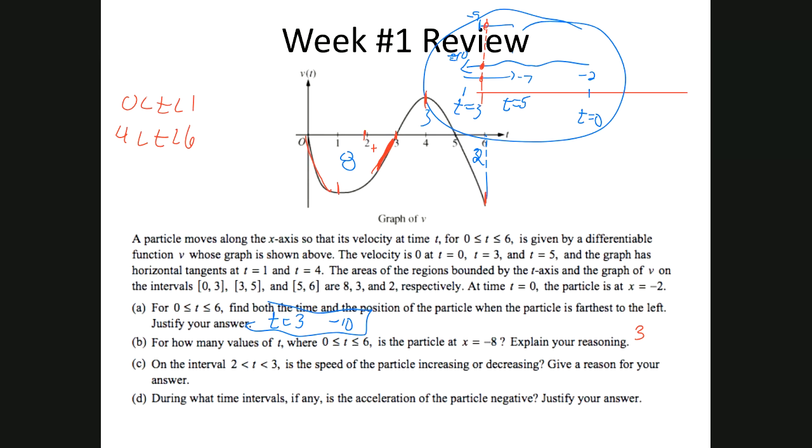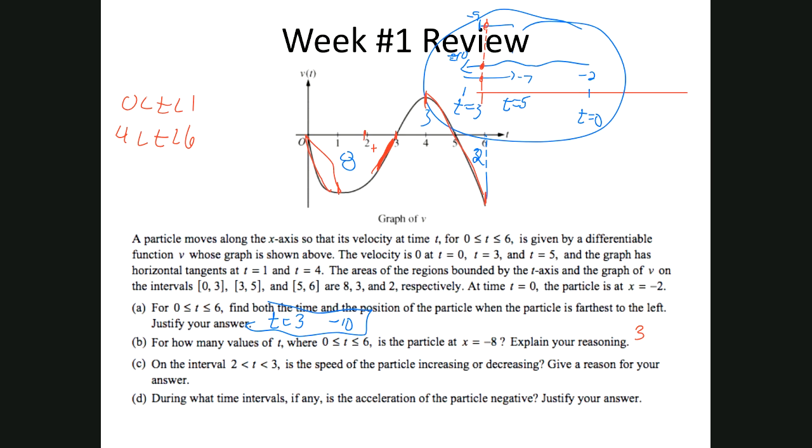Because if this is a velocity curve, the acceleration should be the slope of it, right? And they're asking us where it's negative. So I'm saying 0 to 1 and 4 to 6. Are you guys okay with that? Speak up now. Yeah.